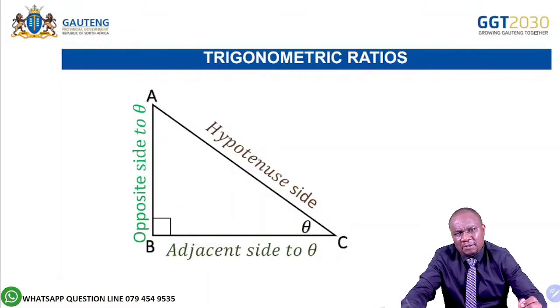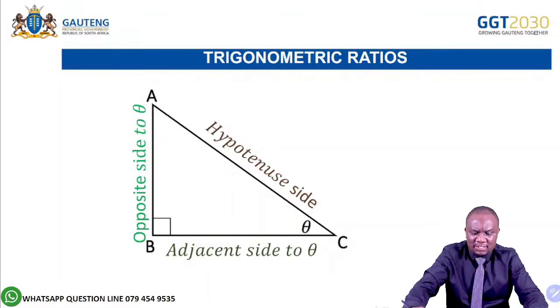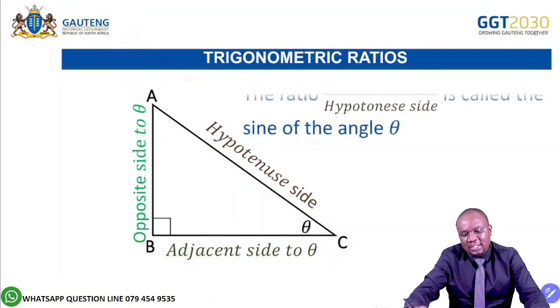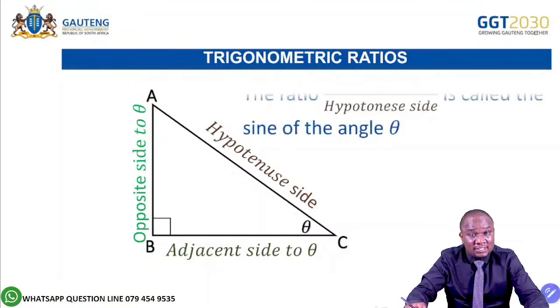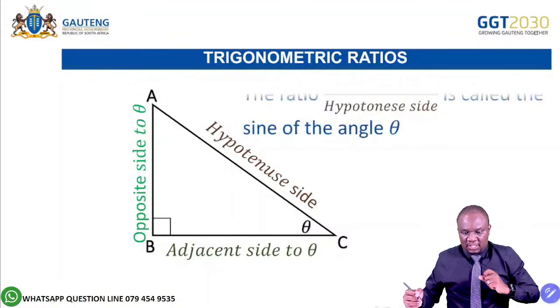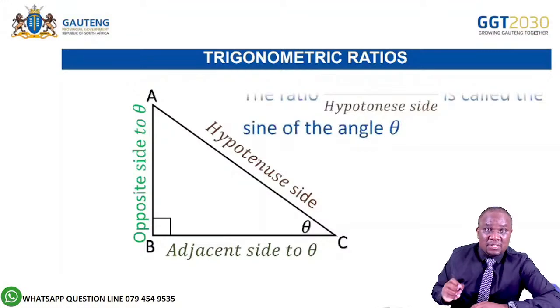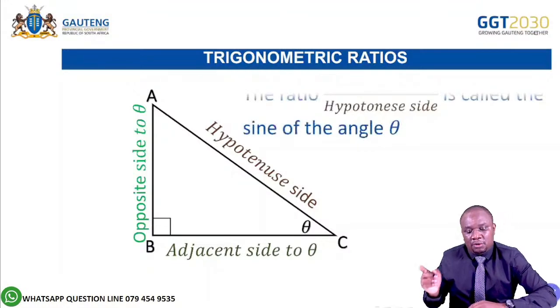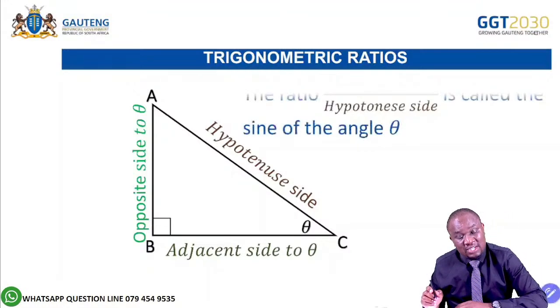Right, so we've talked about this, just repetition. We've said that the ratio opposite side over hypotenuse side is called the sine of angle theta, but I want you to write it like this now. Don't write everything. We said the ratio opposite side over hypotenuse is called what? Sine of angle theta, okay?